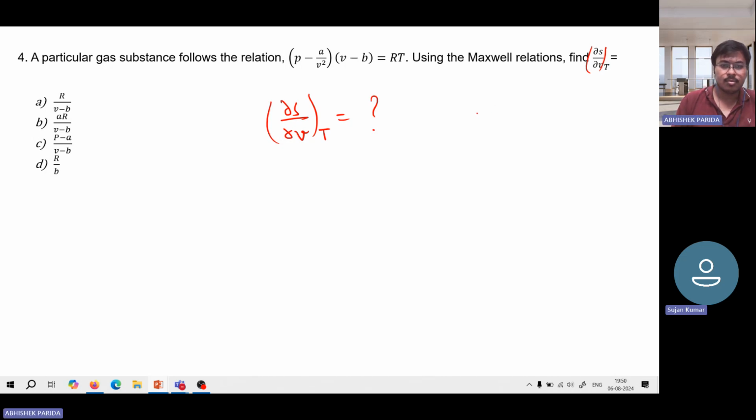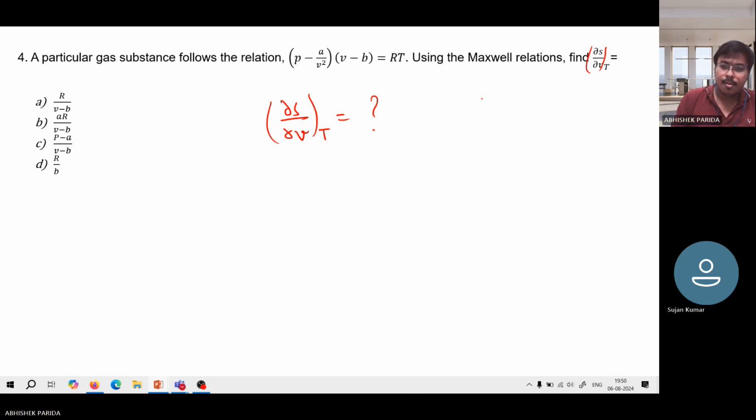So what are you getting? I'm getting R divided by volume minus B.